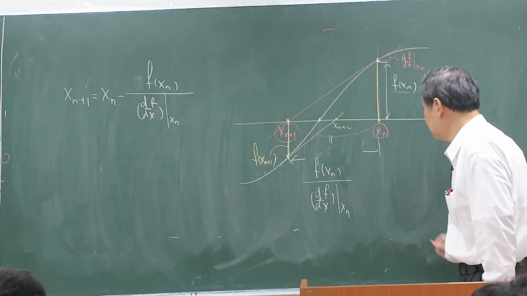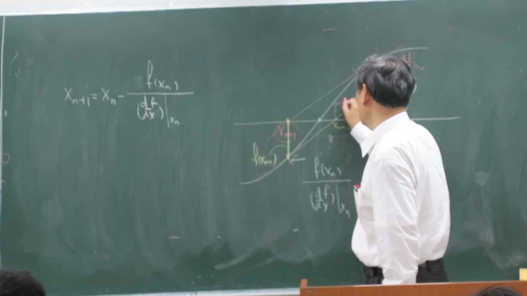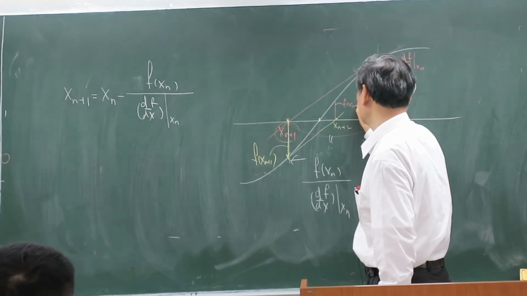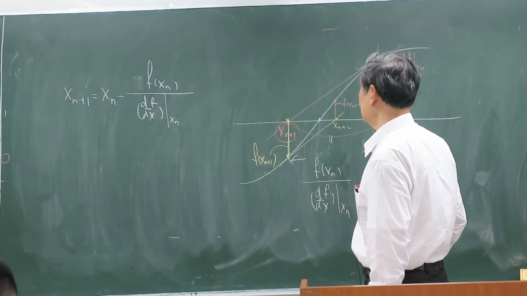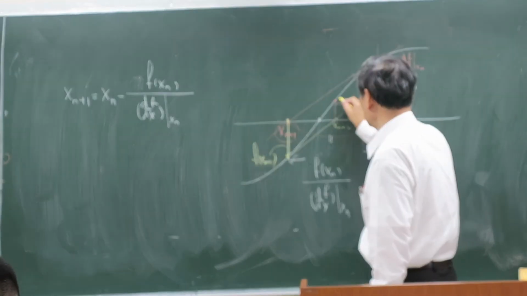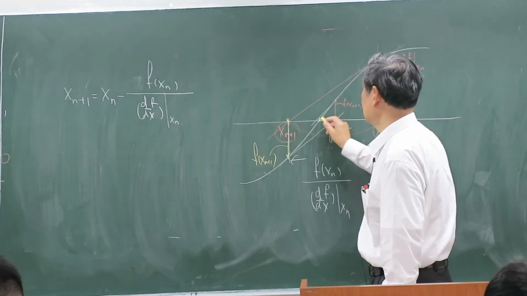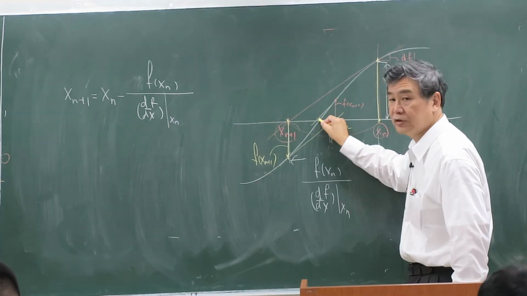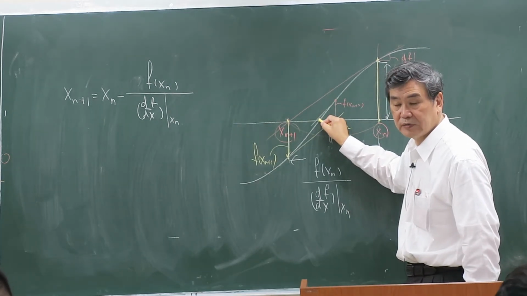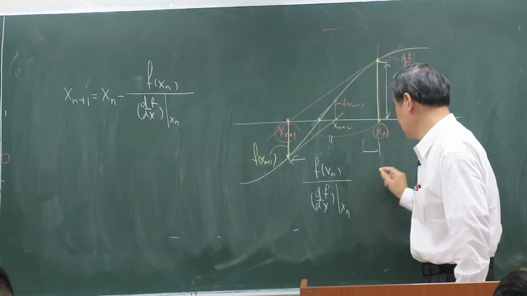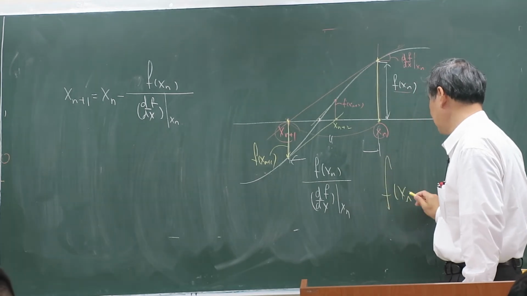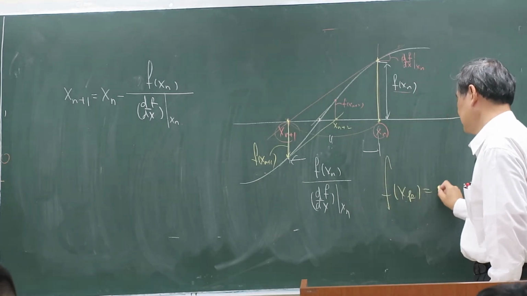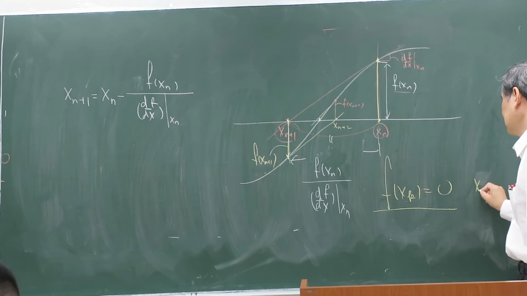From xn plus 2, I got f(xn plus 2), and from here I get the slope. So after it will converge to the value with f(xk) equal to 0. So xk is a solution.